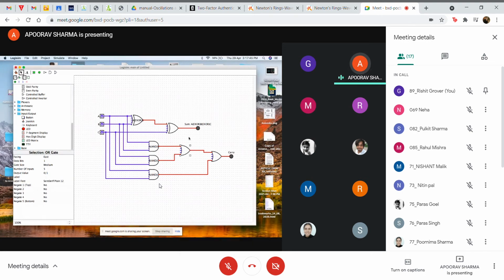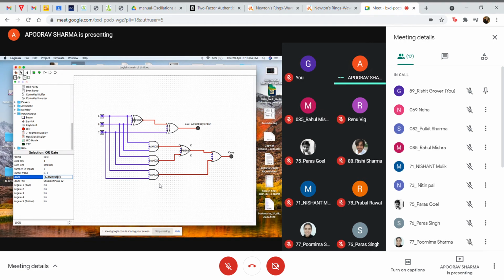Ultimately, this OR circuit will give you A and B plus, right? This will give you plus. So this is a logical OR operation, right? If I write it like this, so you will understand.